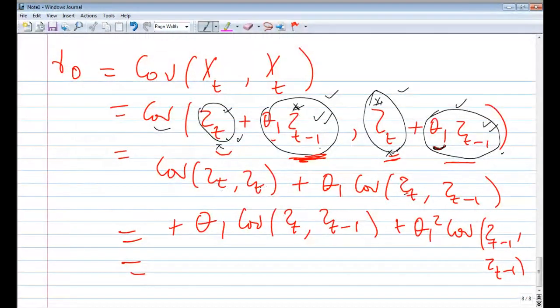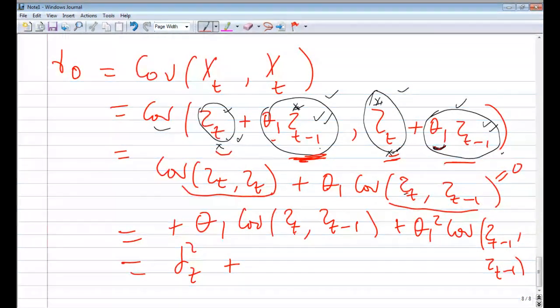So the covariance of Z_t and Z_t is like the var of Z_t, and the var of Z_t is sigma squared Z. So here you're going to have sigma squared Z. Then Z_t and Z_{t-1} are independent, so their covariance is 0.